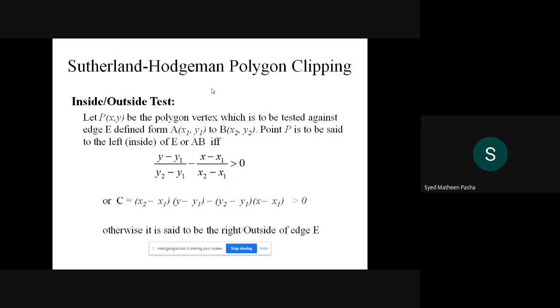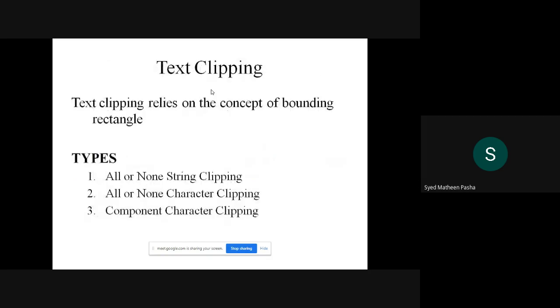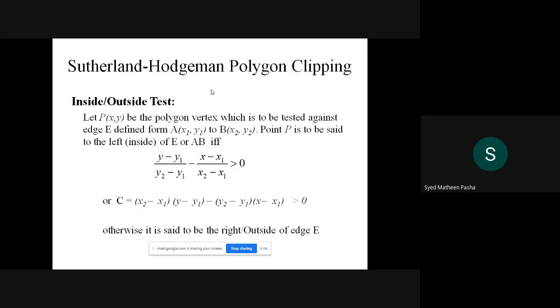So we'll check out some tests with respect to the Sutherland-Hodgman polygon clipping algorithm so that the clipping is done. Similarly, to find the interior and exterior part of a polygon, we had inside and outside tests in module 2. In Sutherland-Hodgman polygon clipping, we have a test called the inside-outside test.